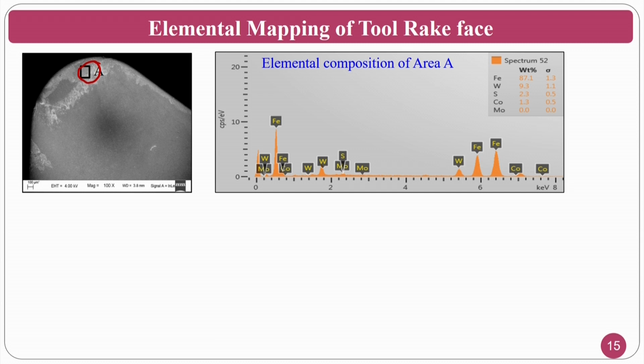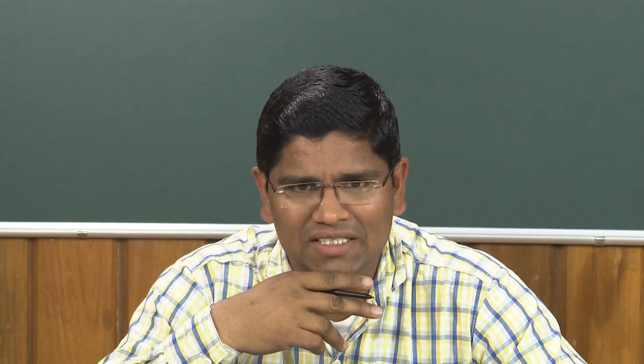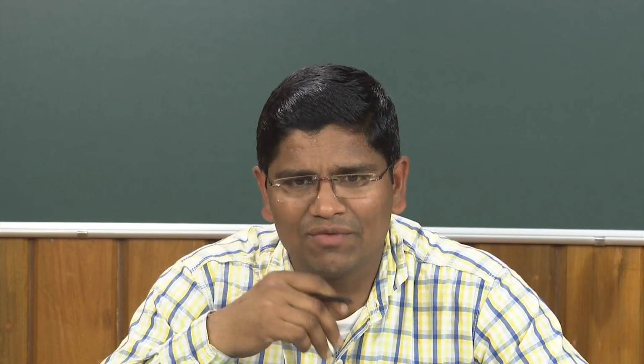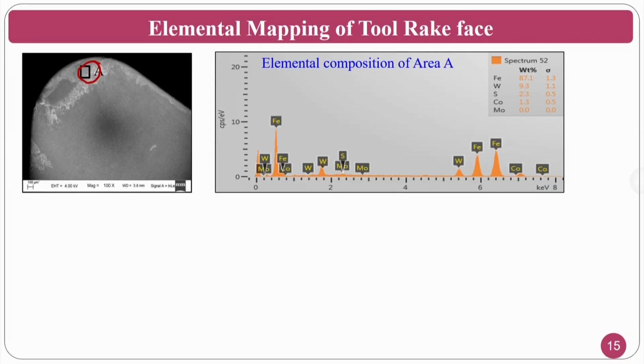That means if I am machining stainless steel, normally what we have done is SS316L, I think, I want to check whether Fe-based material is there or not. If I do a point analysis at this specified point, it shows a maximum amount of iron.